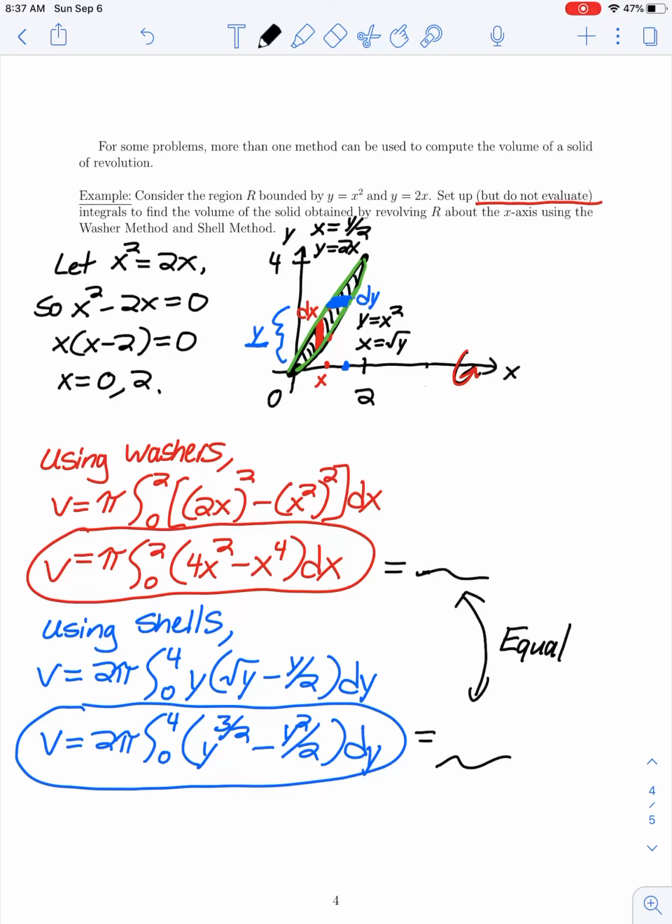Setting up the integral using the method of shells was a little bit trickier because we had to solve for our equations in terms of y, and so it was a little bit more difficult there than the washer method. But nonetheless, we could use either of these integrals to find the volume of that solid.